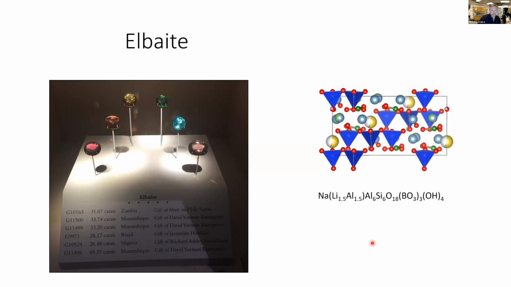It's called elbaite, and this one's kind of impressive because there's a whole range of different colors, from reddish to blue and green. Again, this is all the same physics of color centers, where you put these defects in, and the defect essentially forms something like an atom, with a localized set of electrons with different energy level structures, and it's the energy level structure that gives rise to the color.